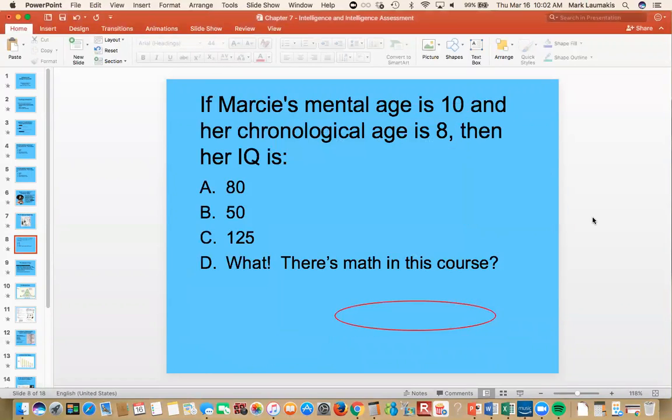And then let me play the fun music that I know you guys just love so much. And tell me in the chat box how you came up with the answer you came up with.